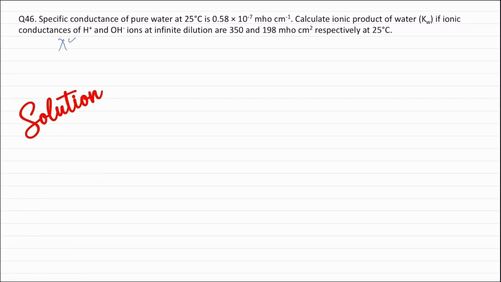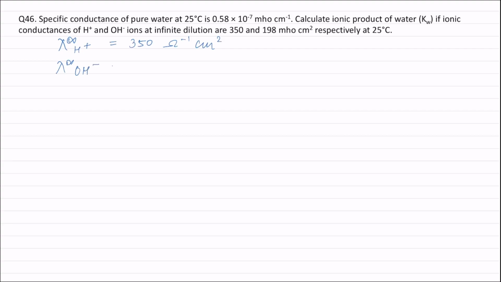Ionic conductance at infinite dilution of H plus ion is equal to 350 per ohm centimeter square. Ionic conductance of OH minus ions at infinite dilution is 198 per ohm centimeter square.